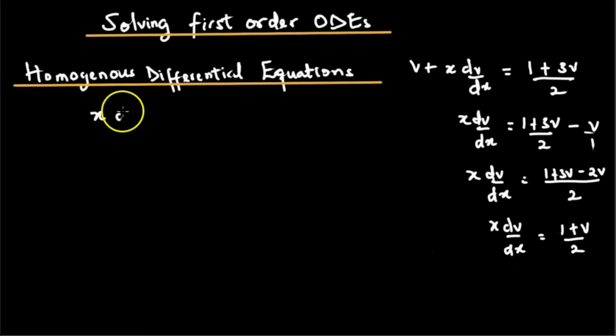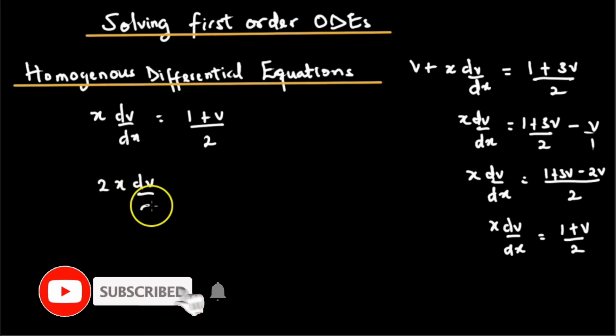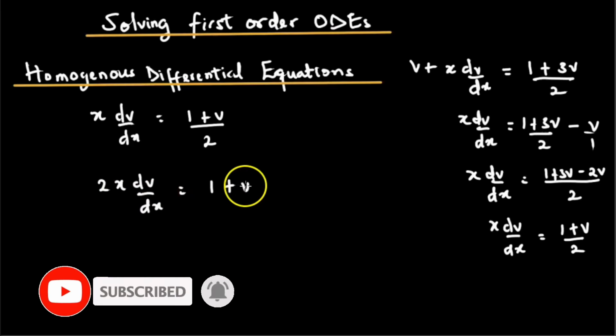So I have x dv dx equals 1 plus v over 2. I can cross multiply to have 2x dv dx equals 1 plus v.